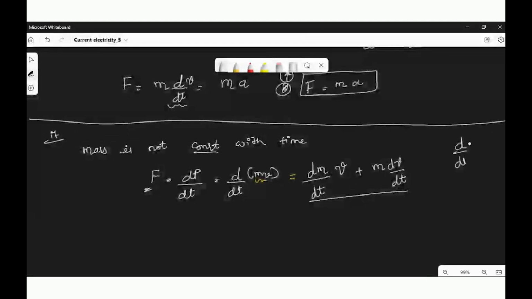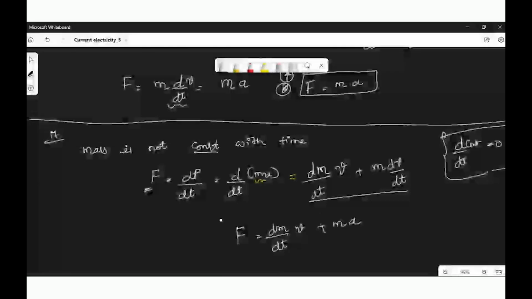So in that case, this term goes to 0, and we get back the earlier equation, F is equal to m into a. This can also be written as dm by dt into v plus m into a.